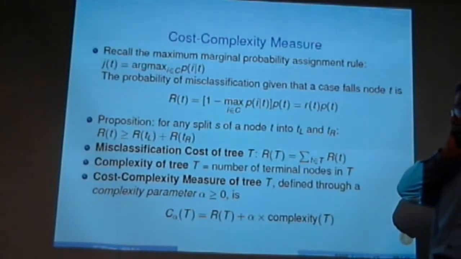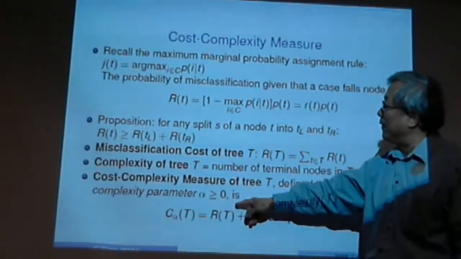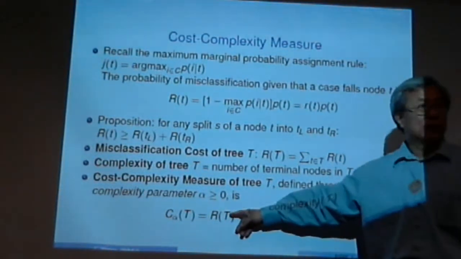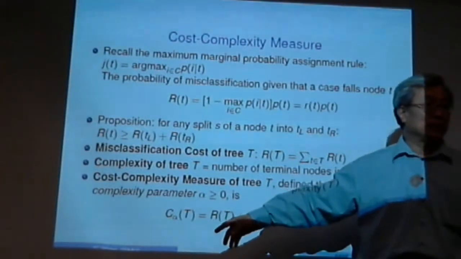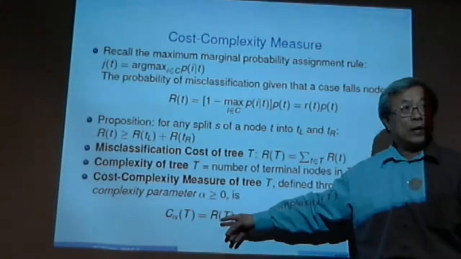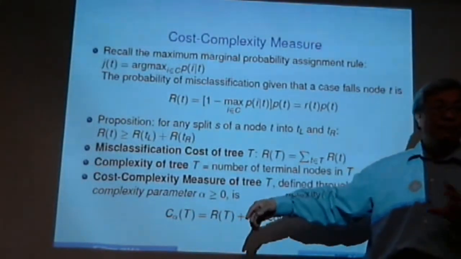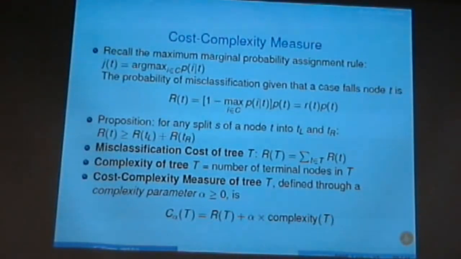And the so-called cost complexity measure of the tree: here this is some kind of probability of misclassification in all the terminal nodes combined. Basically, this is the error rate in the classified result. So from all the terminal nodes, what is the probability of misclassified observations in the tree?